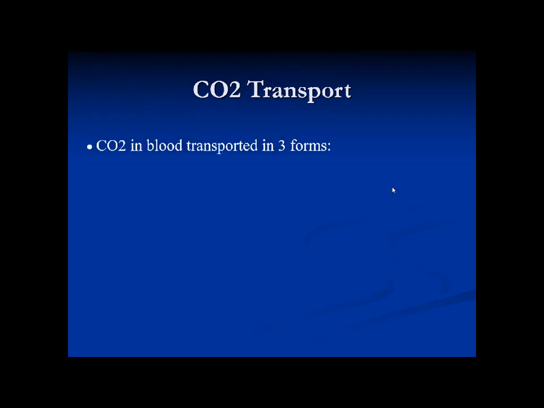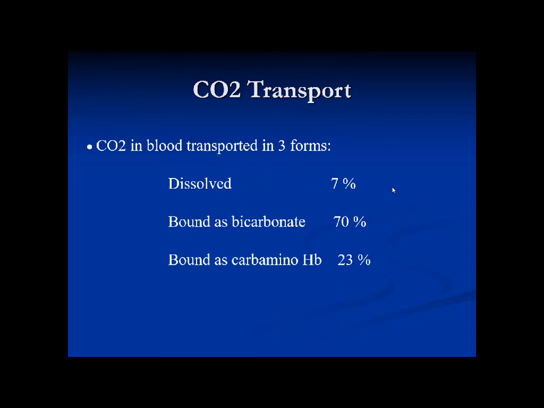So carbon dioxide is transported in three forms from peripheral tissues to the lungs. It is transported dissolved in the water of the blood, the plasma. It is transported as bicarbonate, and it is transported bound to hemoglobin in the form of carbamino hemoglobin.